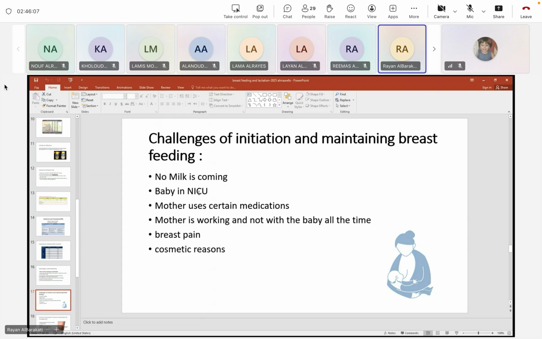And what happened? They promoted that the formula is better than breast milk, and the modern woman would not be breastfeeding, she would be using the formula. So educated, this was a scam.